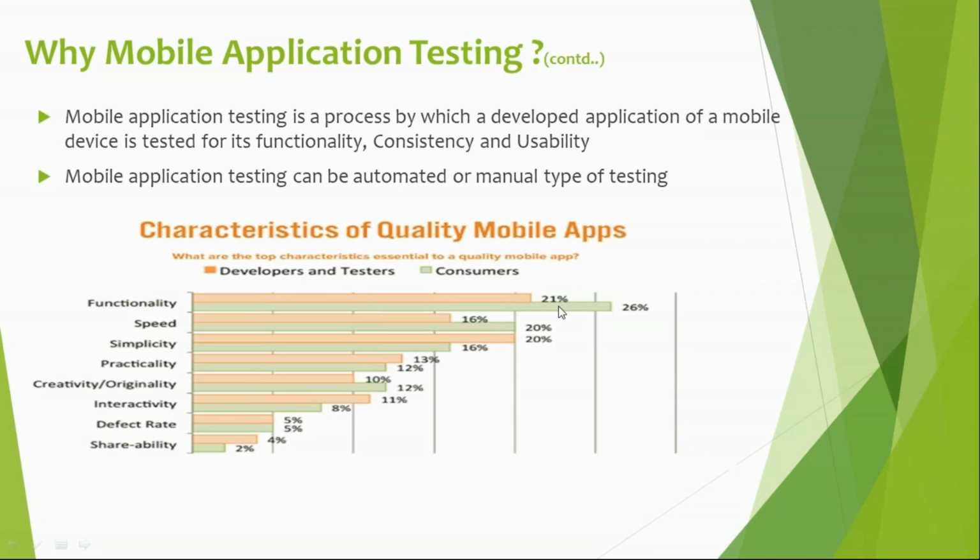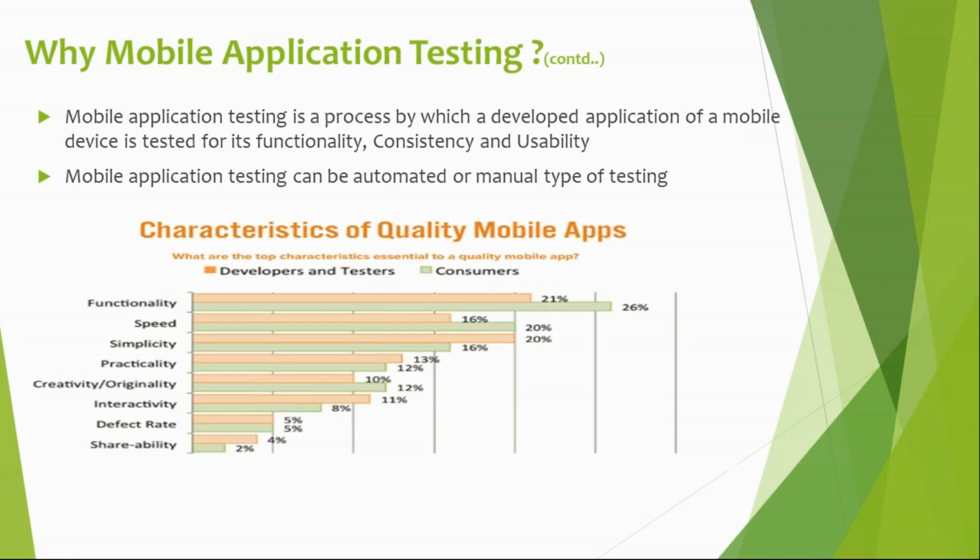So if you see now here, there are two colors. One is the pink color and one is the green color. So pink color refers to the developer should put in efforts, 21% efforts for functionality of your application, and 26% by the tester, or the consumers. Developers and testers are going to put 21% of effort for functionality, and the consumers will look 26% into our application functionality.